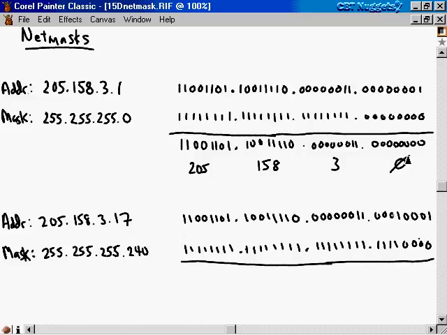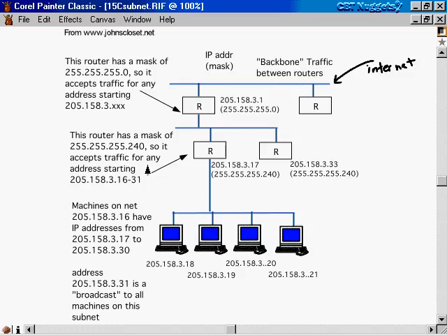But every single address that starts with 205.158.3 will match, and so all of those messages will be accepted. If we go back to our little picture, you can see what this paragraph says: this router has a mask of this, so it accepts traffic for any address starting with 205.158.3. That's what this router does.